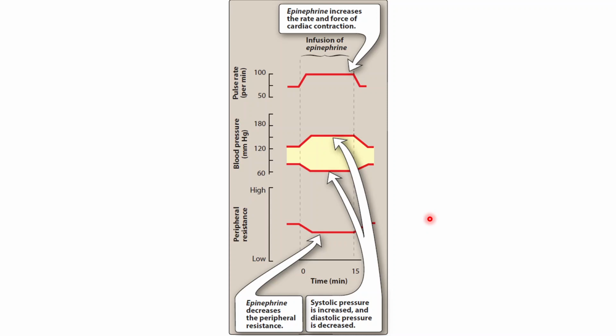Norepinephrine is the natural analog of epinephrine, and epinephrine is stored in the chromaffin cells, as well as the norepinephrine, but there is more epinephrine in the adrenal medulla.